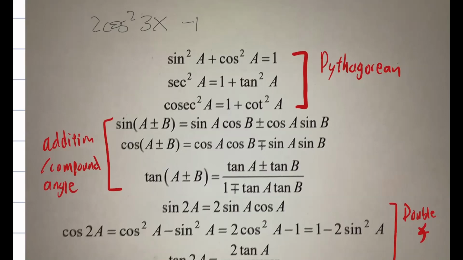The 3x you can always split up into x plus 2x, right? Then that means you can use cos(A plus B) again. A is x, then B is 2x. But you have to bracket square the entire thing. Expand this entire thing and square it. So you can imagine that it gets very, very long-winded.